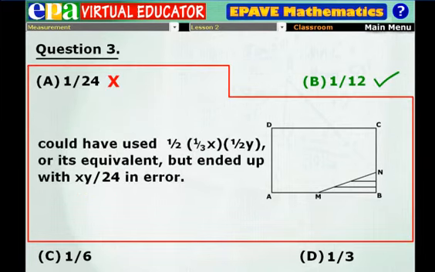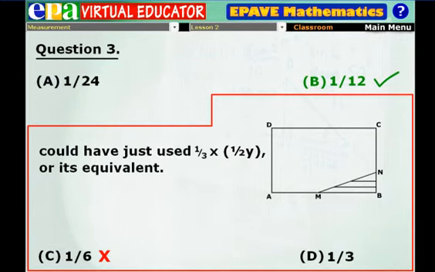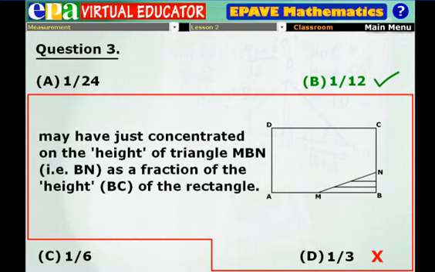Answer A could have used half 1/3 X times half Y, or its equivalent, but ended up with XY divided by 24 in error. Answer C could have just used 1/3 X times half Y, or its equivalent. Answer D may have just concentrated on the height of triangle MBN, that is, BN as a fraction of the height BC of the rectangle.